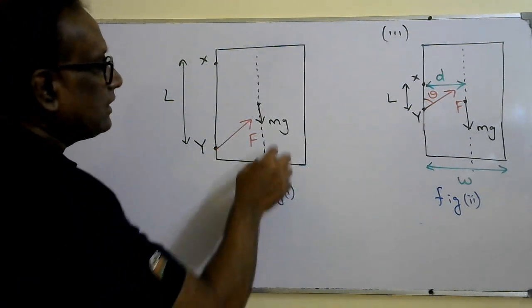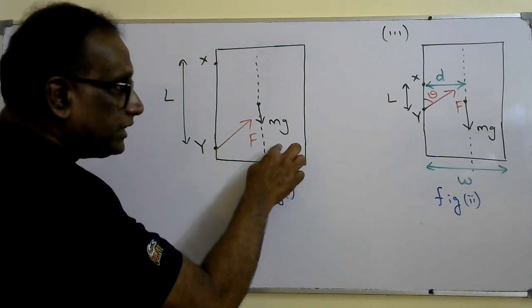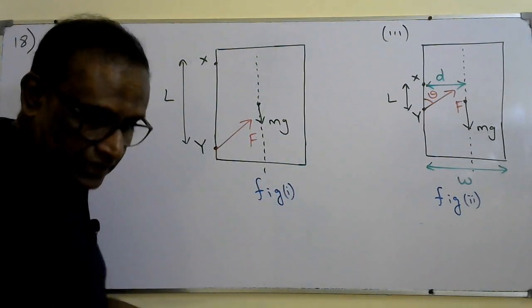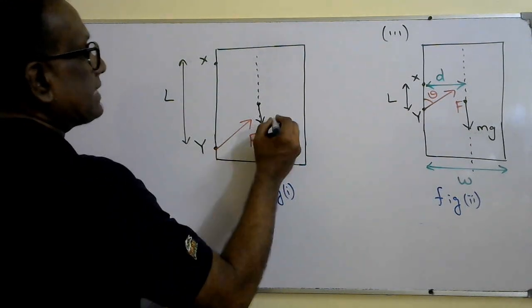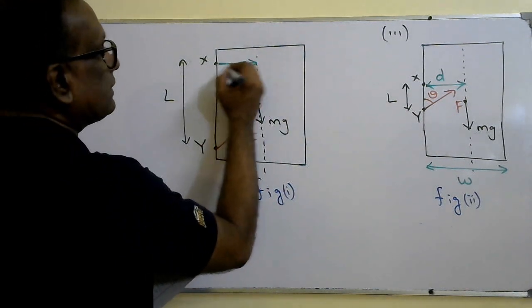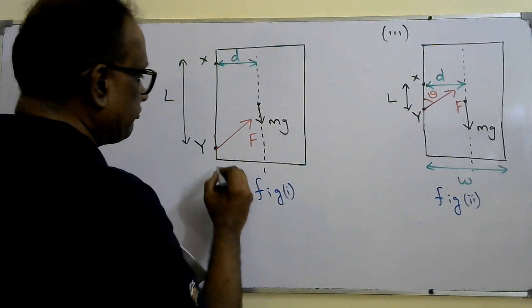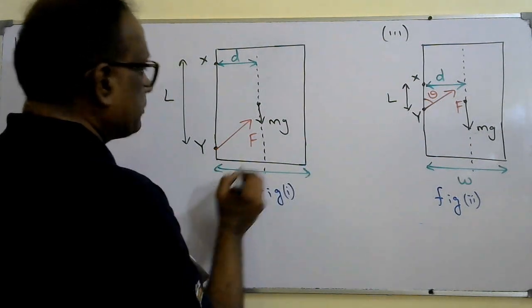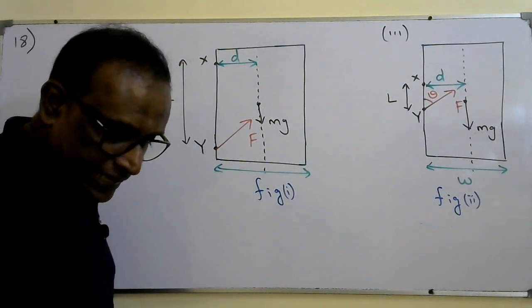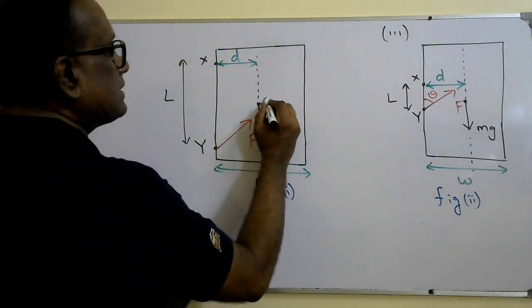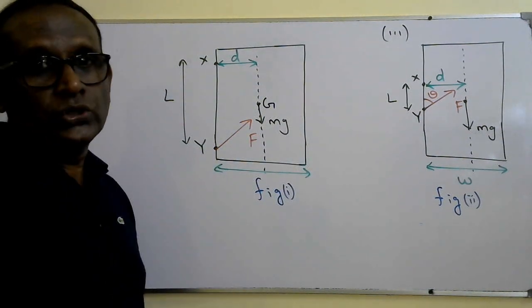When I consider the moment of the weight of the door about X, in this diagram, that is mg into this length. This distance d is half of the width of the door, because the center of mass G is at the center. The center of mass remains the same, identical door.